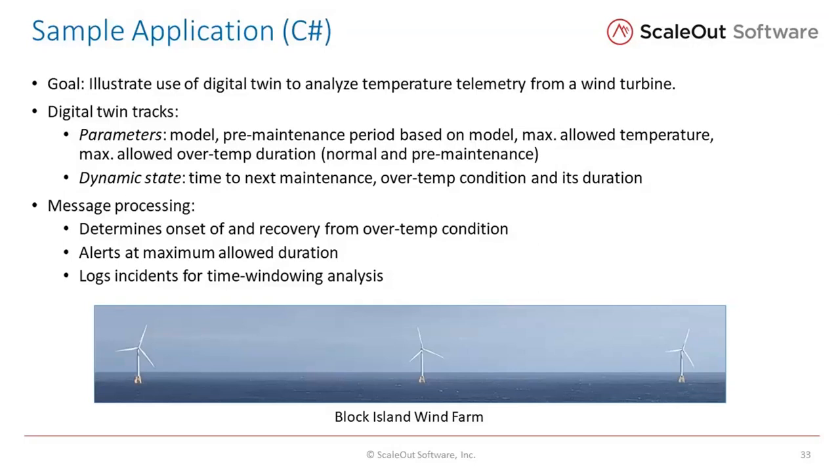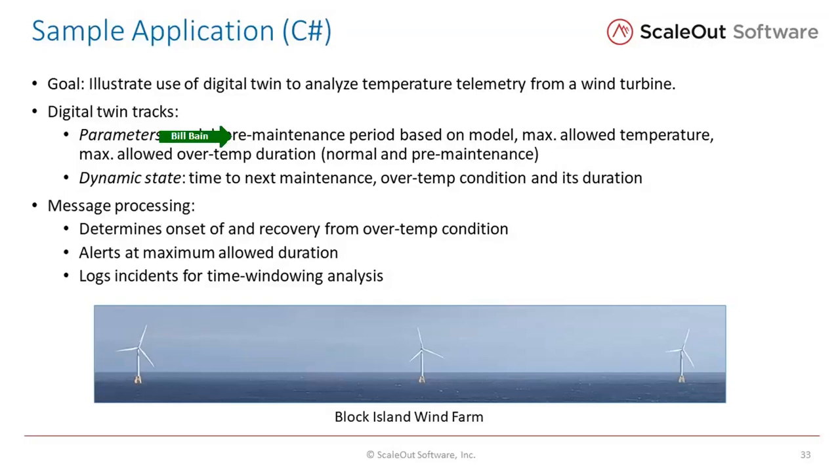So we just constructed a hypothetical model of the wind turbine, trying to differentiate what high temperature readings mean and how they should be handled, depending on whether a wind turbine is in a pre-maintenance period or not. So that's an example of context about a given instance of a wind turbine.